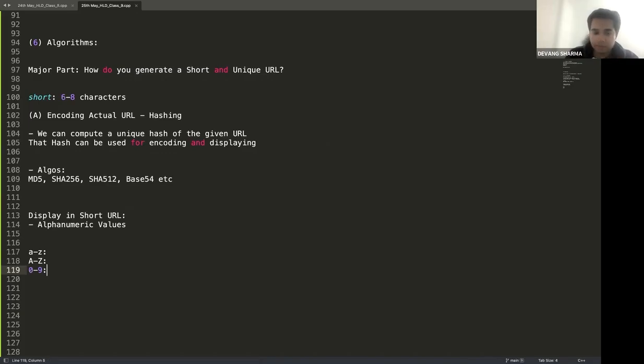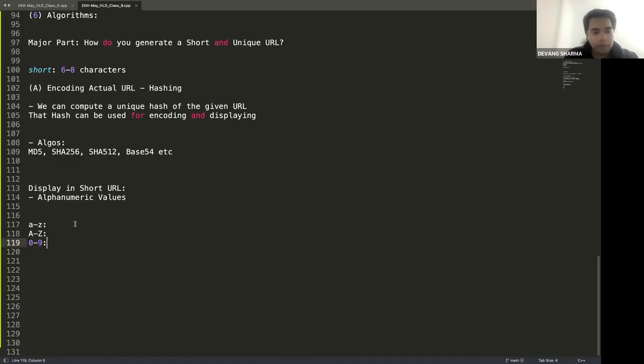That's what we are coming to: the decision whether we need to make it 6 characters or 8 characters. So a to z is 26, capital A to capital Z is again 26, 0 to 9 is 10 characters. Total I got is 62 characters.